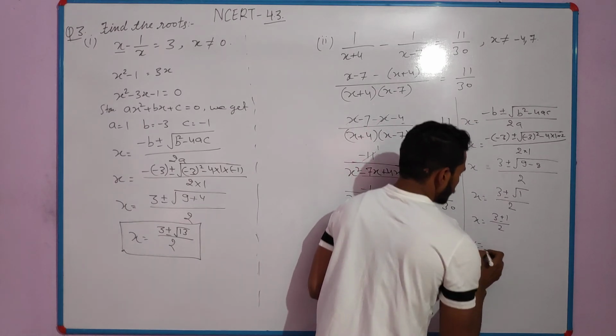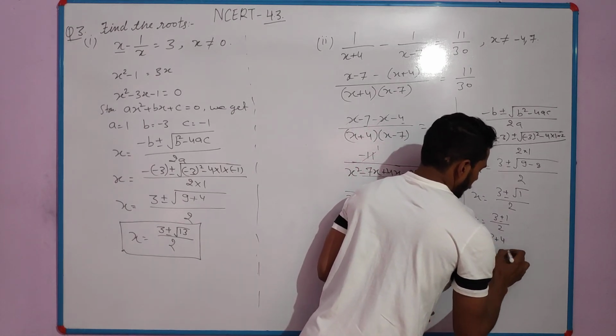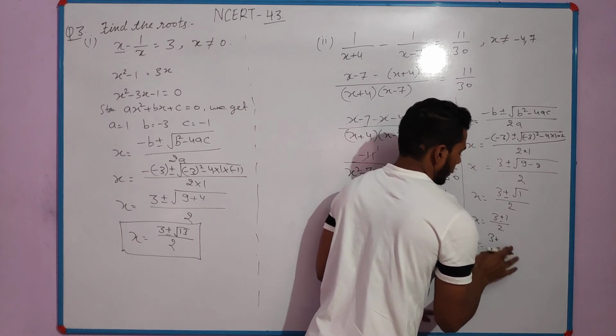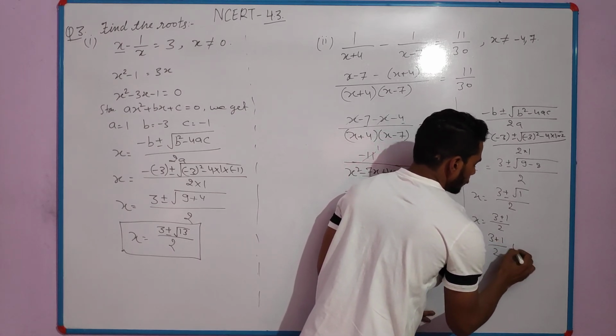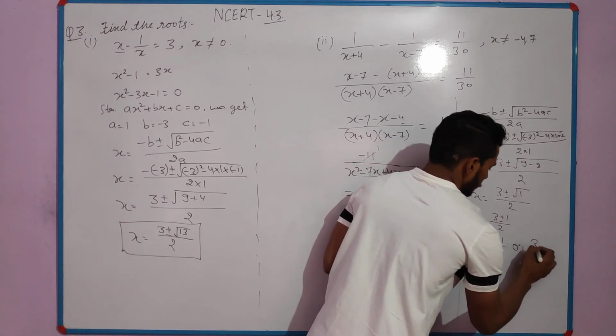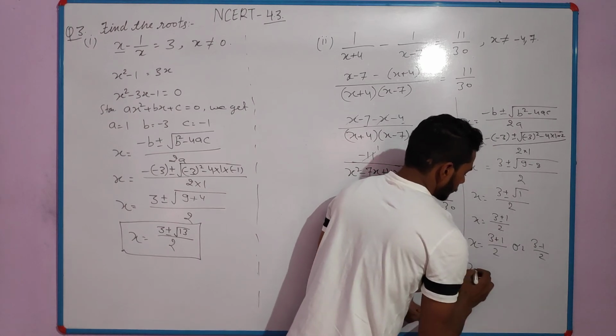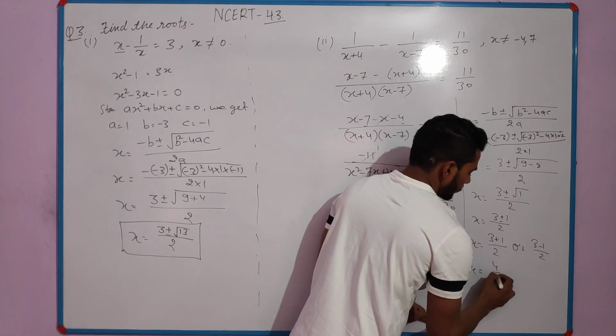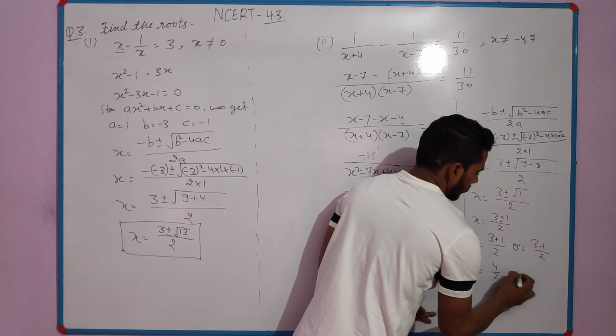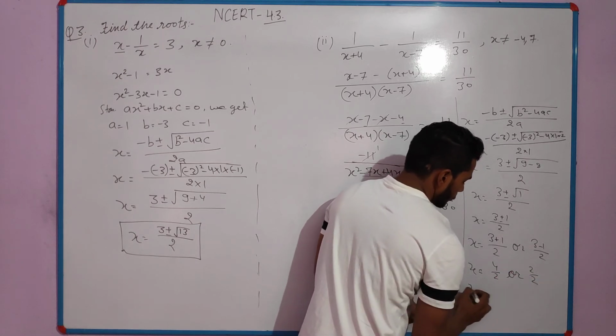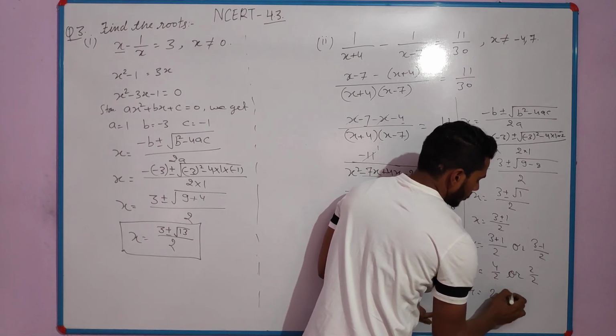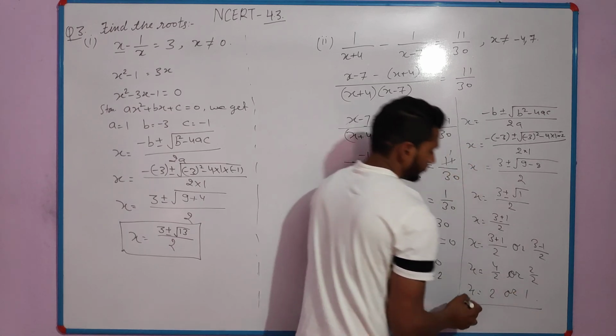Now we get two values of x. x is equal to 3 plus 1 over 2 or 3 minus 1 over 2. So x is equal to 3 plus 1 over 2 means 4 over 2, or 2 over 2. So value of x is 2 or 1.